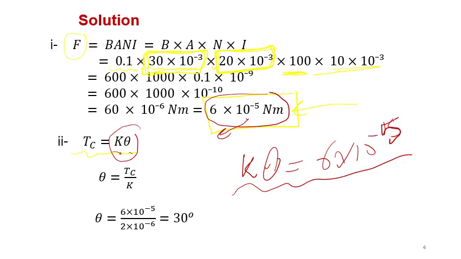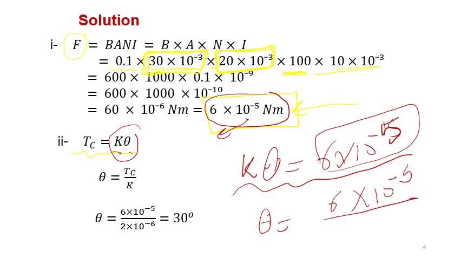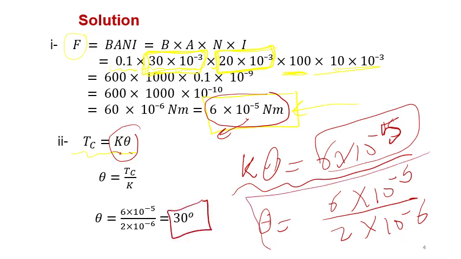So what will be the result? The result will be theta, where theta is equal to this value over K, which is 6 into 10 to the power minus 5 divided by 2 into 10 to the power minus 6, the spring constant. When we solve this, we will find that the result is 30 degree.